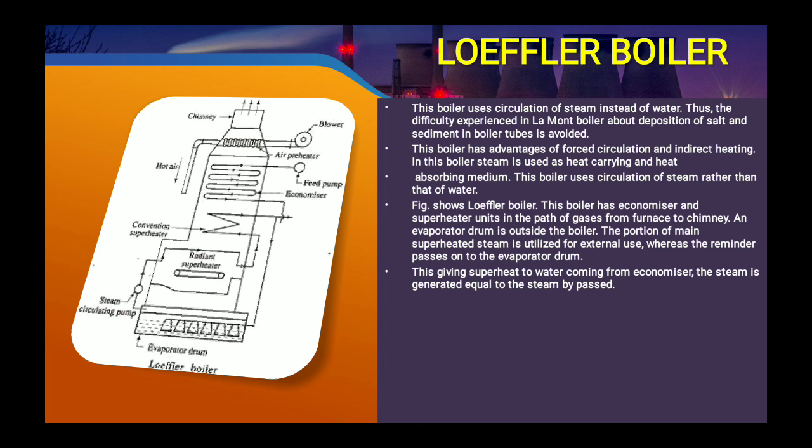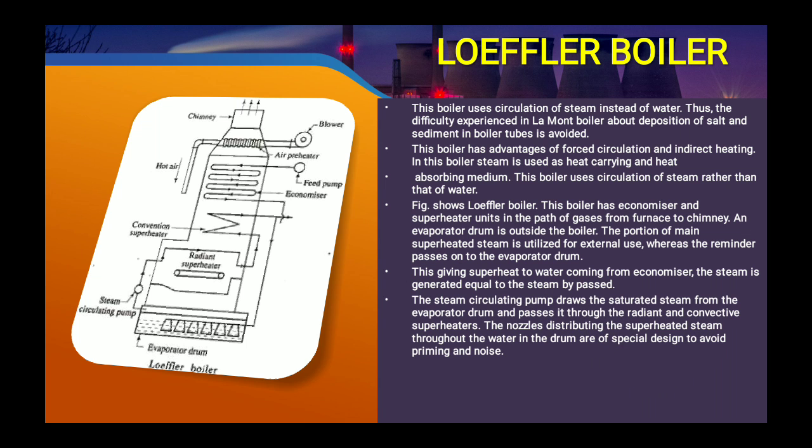This gives superheat to water coming from the economizer, and steam is generated equal to the steam bypassed. The steam circulating pump draws the saturated steam from the evaporator drum and passes it through the radiant and convective superheater. The nozzles distributing the superheated steam throughout the water in the drum are of special design to avoid priming and noise.